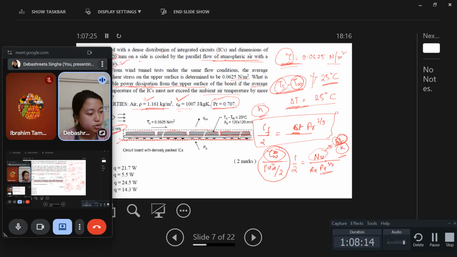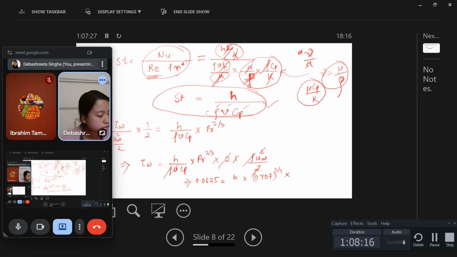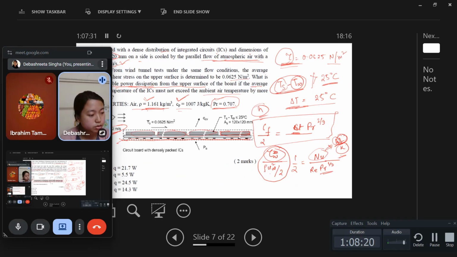U infinity is given as 2 meter per second divided by Cp. Cp is how much? 1007 joule per kg Kelvin. So all these are in SI units only.